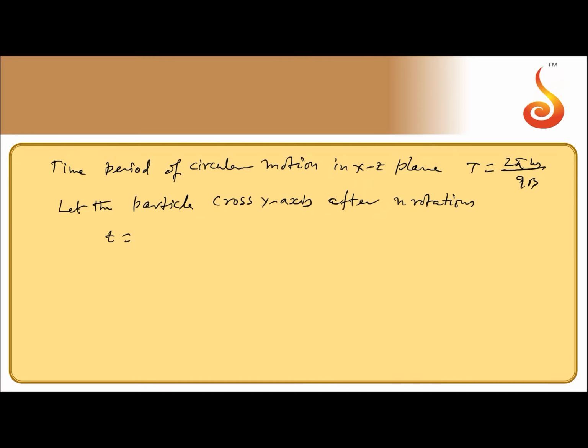So t will be equal to 2 pi m n by qb. So yn will be equal to half qe by m into (2 pi m n by qb) square.